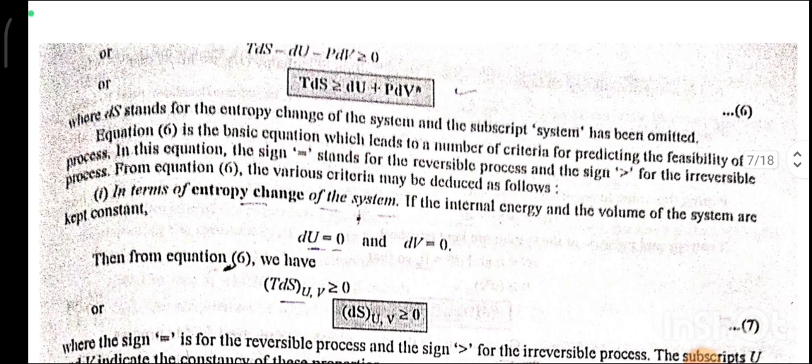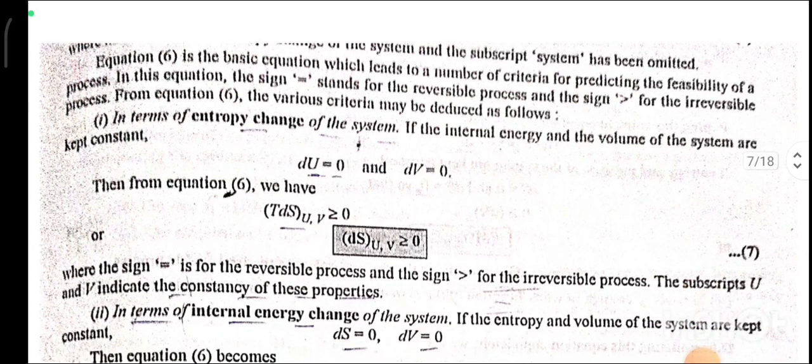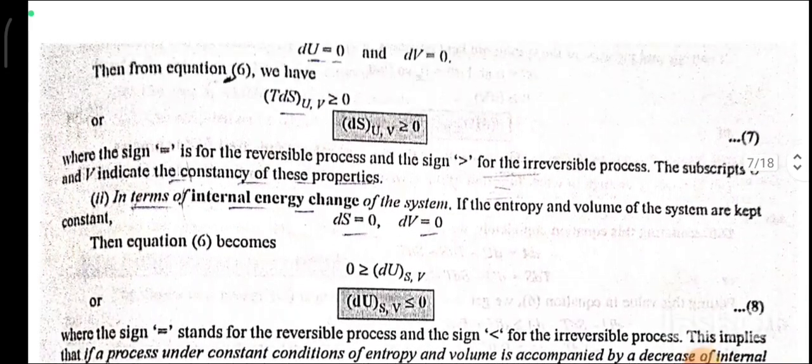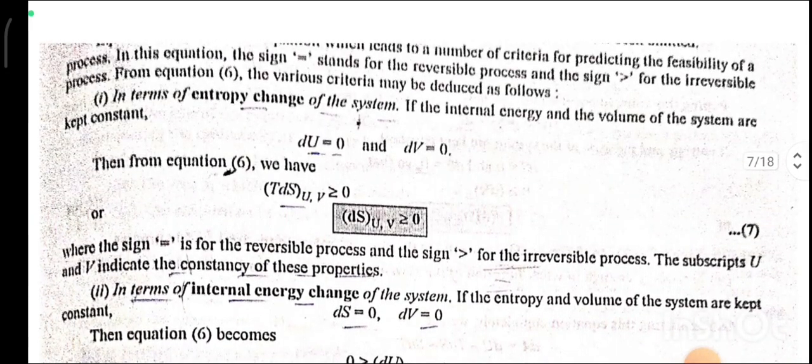Equation 6 is the basic equation which leads to a number of criteria for prediction of feasibility of a process. In this equation, the sign equal to stands for a reversible process and the sign greater than for an irreversible process. From equation 6, the various criteria may be deduced as follows. In terms of entropy change of the system, if the internal energy and the volume of the system are kept constant, dU is equal to 0, dV is equal to 0.